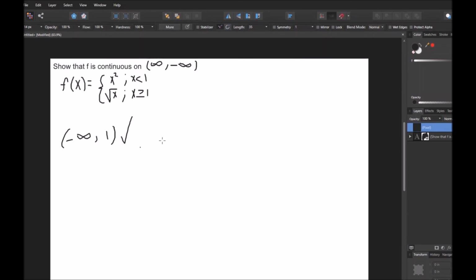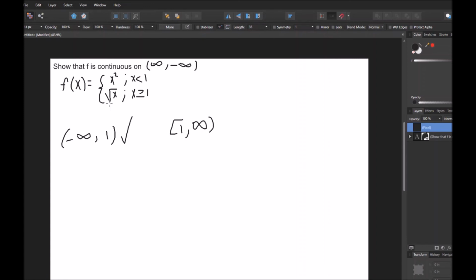Then if we look at square root of x, we're going to be looking at 1 to infinity. So square root of x is a root function. We know that it's continuous and defined on its entire domain. The only numbers that are not in its domain are where x is less than 0.